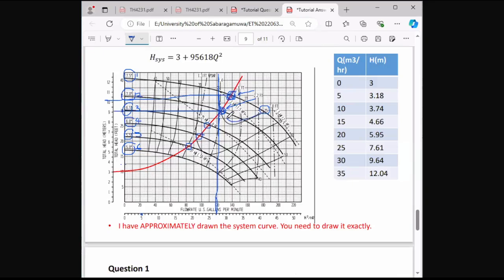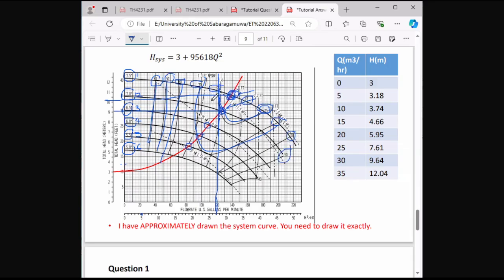These are efficiency curves. You can identify the efficiency here: 40, 50, 60, 70, 75, 76 here, and 77, 75, 70, 60, 50, like this.